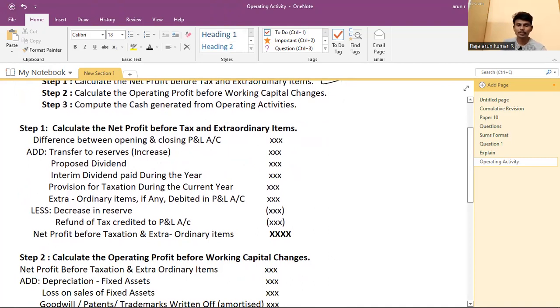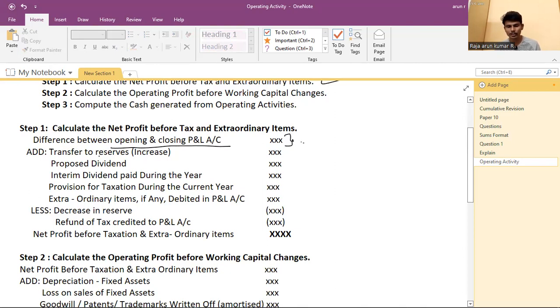Calculation of net profit before tax and extraordinary item, there is a difference between the opening and closing. You must understand this. The balance sheet, they give us two dates. One is the opening balance and another one is the closing balance. The difference between the opening balance and closing balance of P&L is, first you put it.